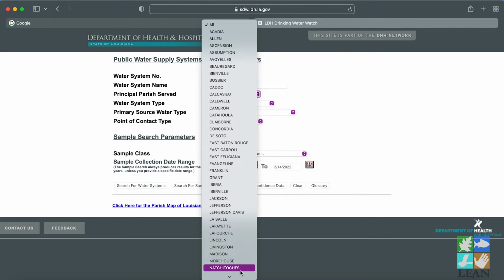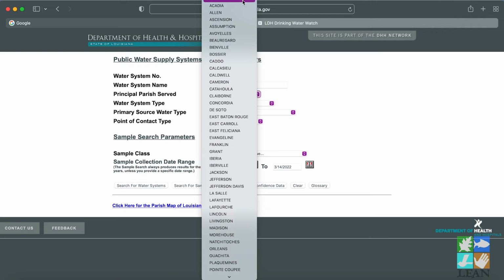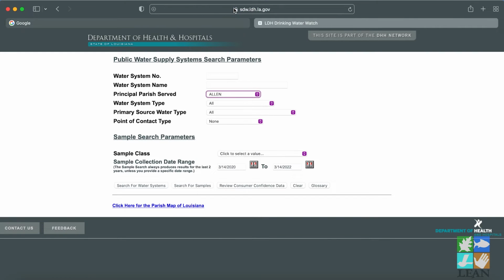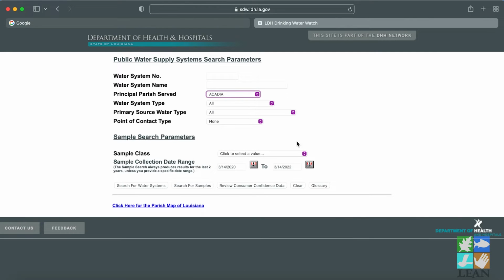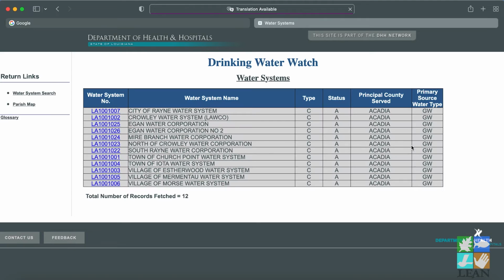So in this case, let's look up Acadia, and then search for water systems. Let's go to the first one that pops up, the City of Rain water system.